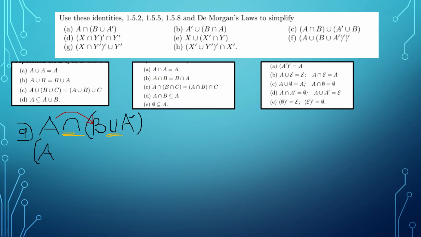It'll be A and B, and then A and A with the apostrophe. All right, so notice A, the sign on the inside will change from union to intersection, and remember B is first, so B, close brackets. And then the sign on the outside is going to change to union.